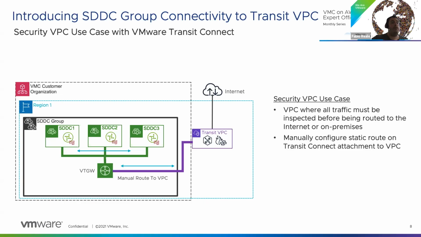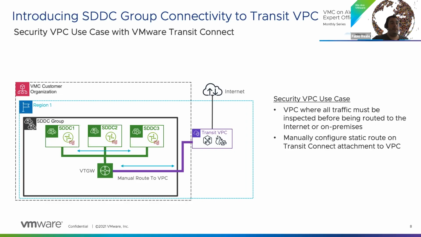You will be able to do that using the Transit VPC connectivity. That will allow you to send all the traffic across the VPC, and that will give you the opportunity to manage everything.